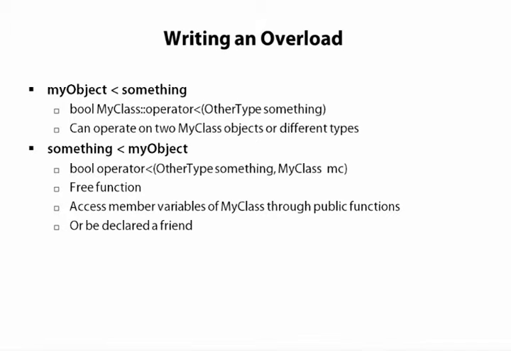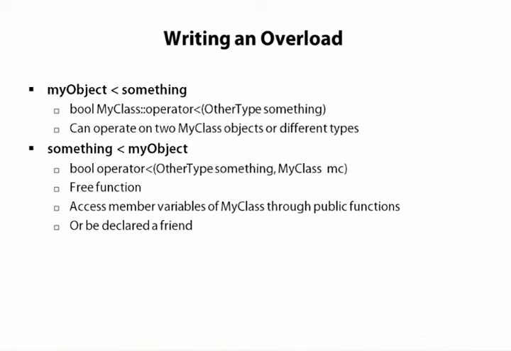So you have to write a free function. Returns bool because this is operator less than, returns true or false. Its name is still operator less than, but notice it no longer has the full class name and the double colon because it's not a member. It's just a free function. It's not in a class. And it takes two parameters. The first one is the type that's before the operator. The second is the type that's after the operator.